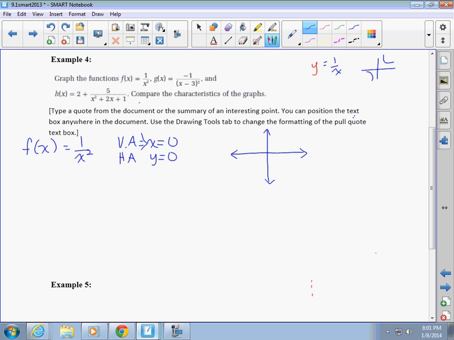If I draw in my horizontal and vertical asymptote, my graph is going to look like this, and like this, because it's not going to be in the negatives, it's only going to be in the positive y's.